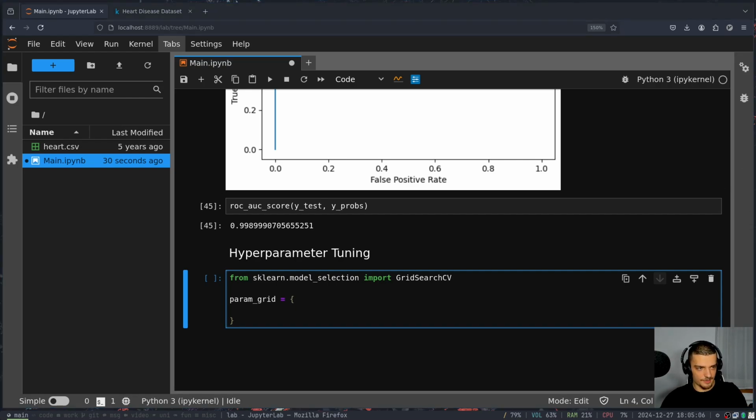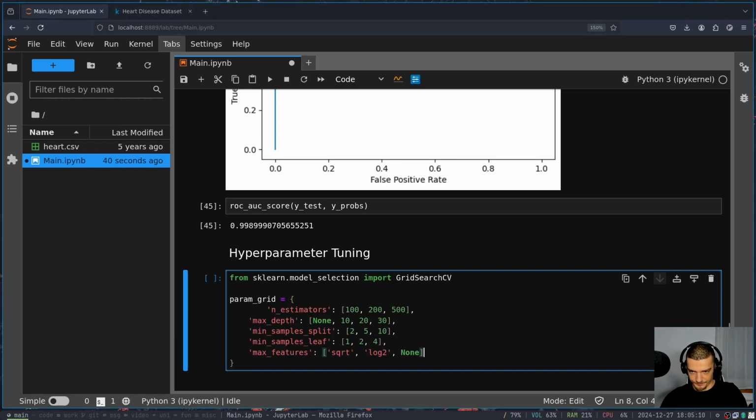In my case now, I'm going to just copy and paste them from my prepared code, because what we have here is we have the number of estimators, we have the max depth, we have the min sample split. Basically, this is the number of trees in a forest. A random forest is just a collection of decision trees. So we have different number of decision trees.